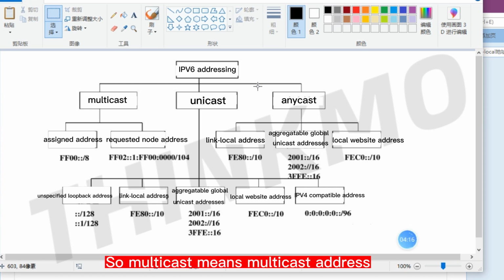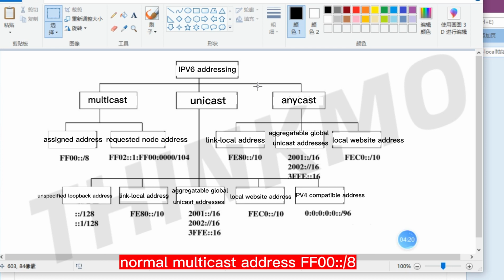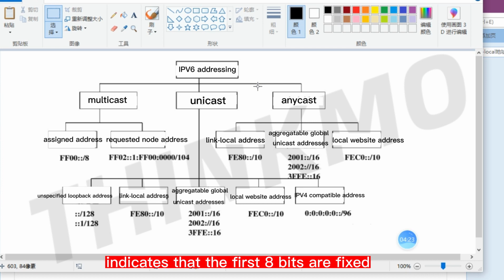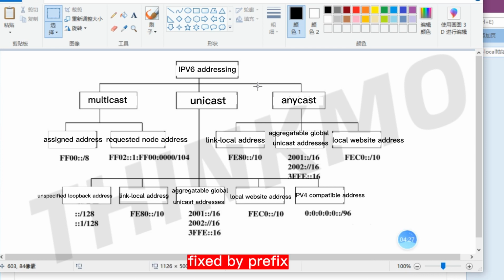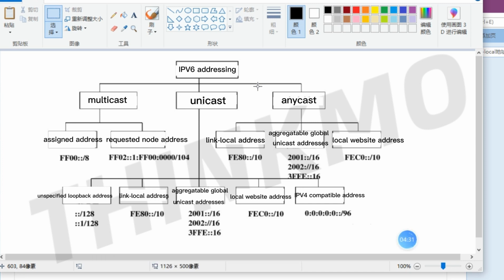A multicast address begins with FF00::/8, which means the first 8 bits are fixed by the prefix. Next is the solicited-node address, where the first 104 bits are fixed, FF02::1:FF00:0/104, to define the prefix.